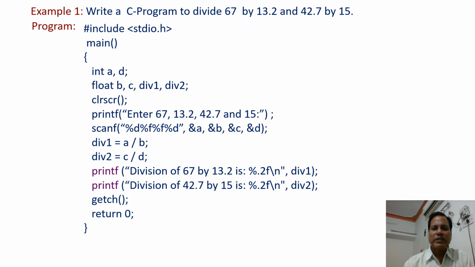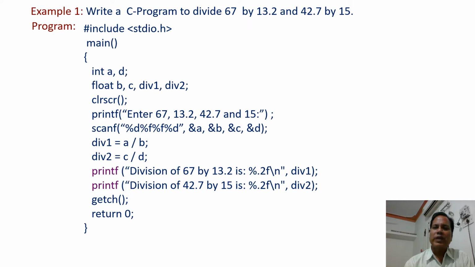So when this printf is executed, the message enter 67, 13.2, 42.7 and 15 is displayed, and knowing this we enter these data and press the enter key.